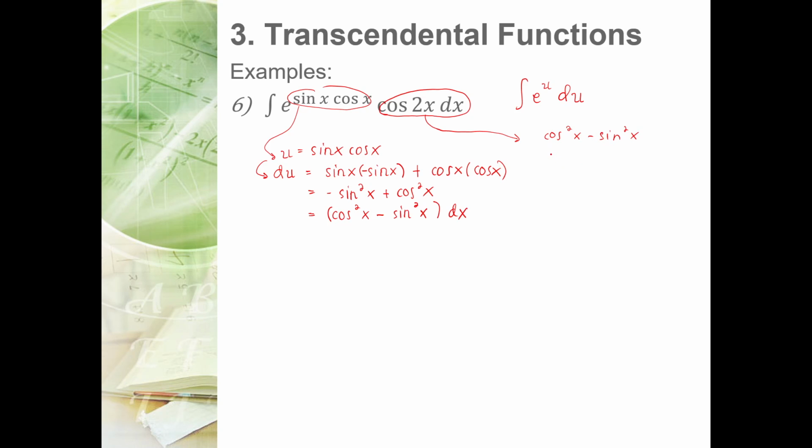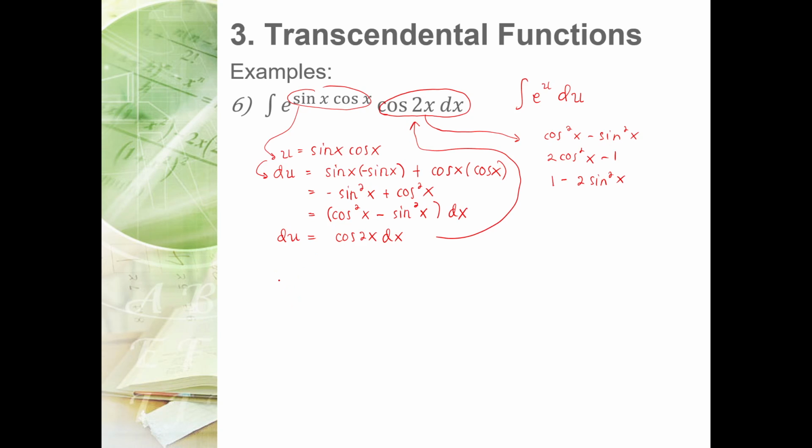Other formats are 2 cosine squared x minus 1, or 1 minus 2 sine squared x. Those are all equivalent to double angle cosine. So this one can be represented as double angle cosine dx. That's your du.